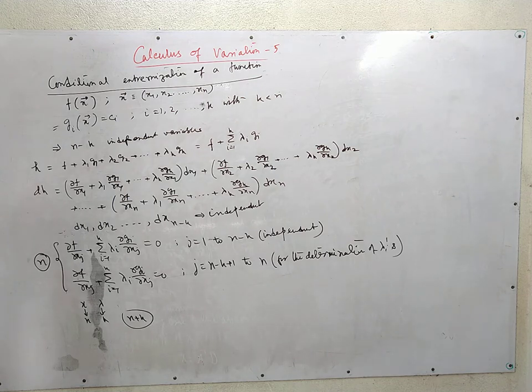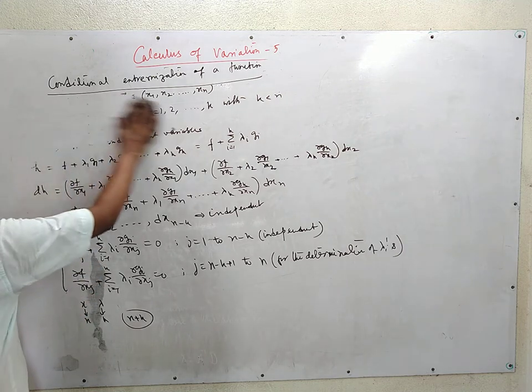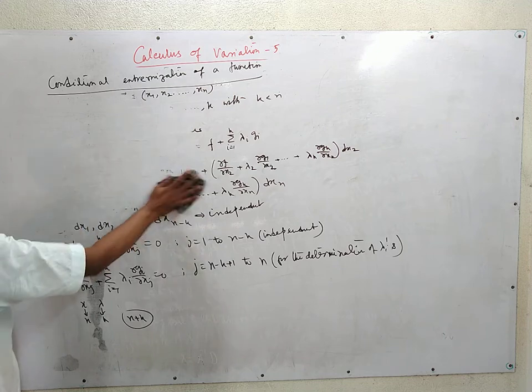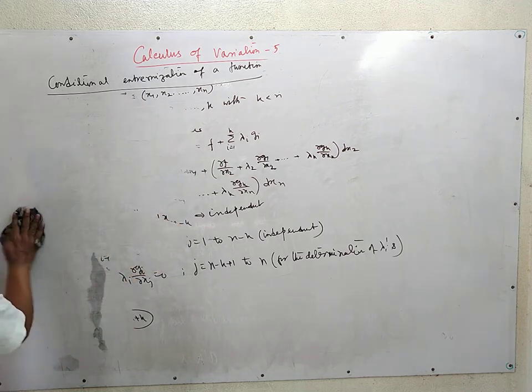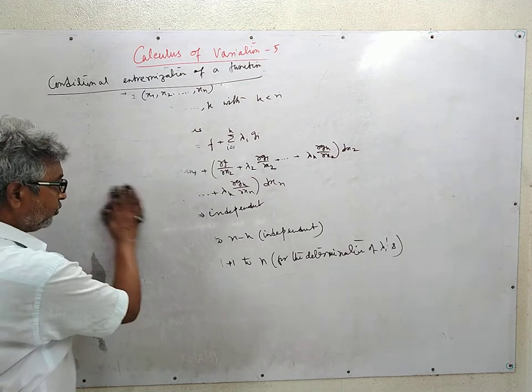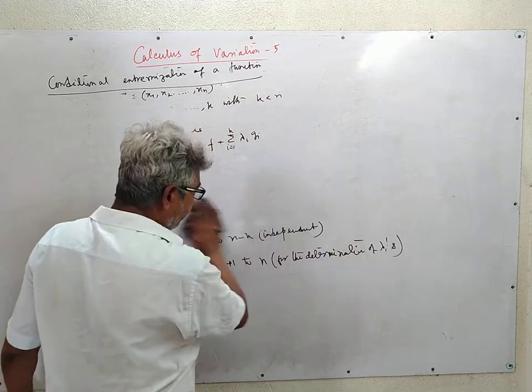Let me apply the theory to a few simple problems. Consider a quantum particle moving in a three-dimensional cuboidal box. Say this is a free particle.